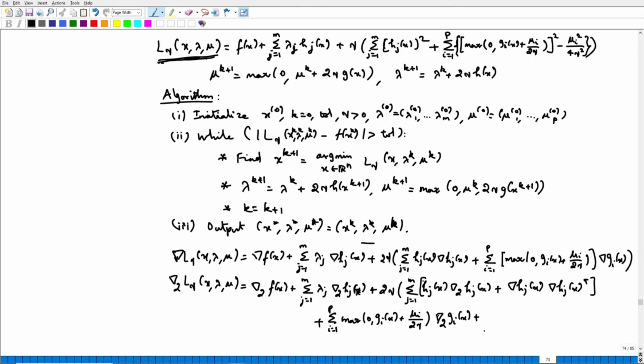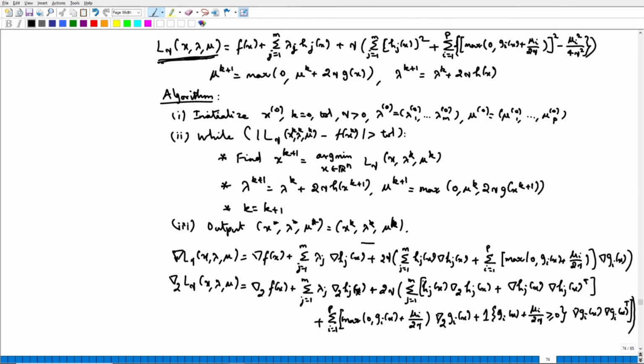But the other term will be the following. I can open this summation outside, and here, if g i of x plus mu i by 2 gamma were greater than or equal to 0, then we will have del g i of x transpose.